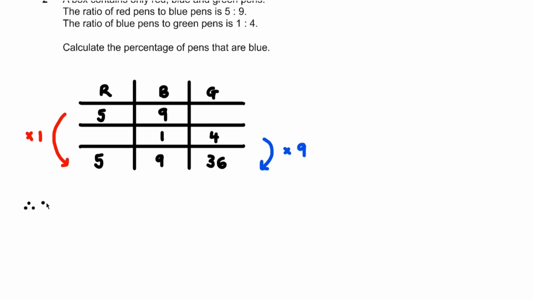So, to find out the total, it is 5 plus 9 plus 36, which is equal to 50.